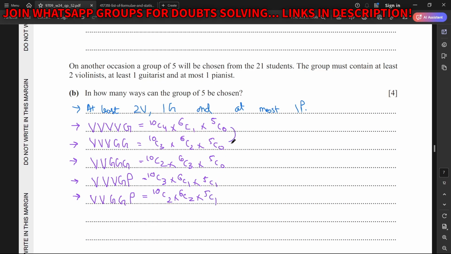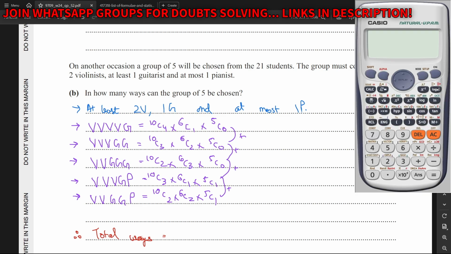Now I'm just going to add these values together, and I'm going to have my final verdict as total ways equal to, I'll take out my calculator and have 10C4 into 6C1 into 5C0.